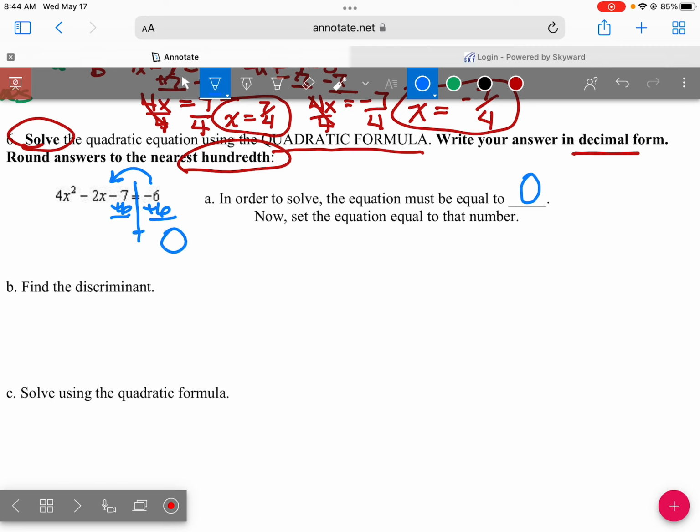Now I'm going to set it equal to 0 and get 4x squared minus 2x, and then negative 7 plus 6 is going to be minus 1. So my A is going to be 4, my B is going to be negative 2, and my C is negative 1.